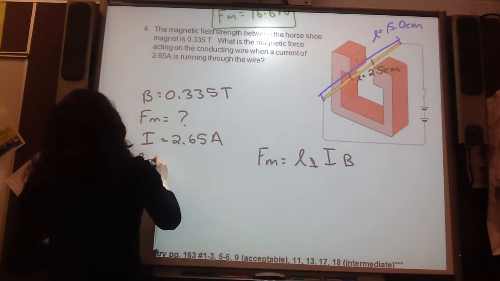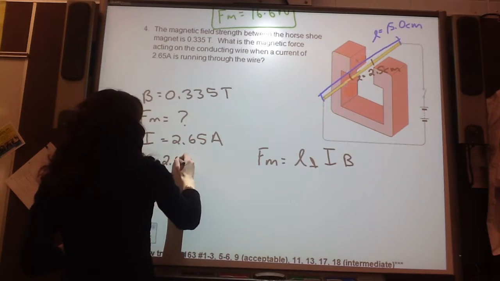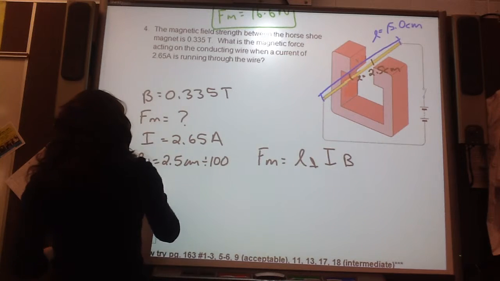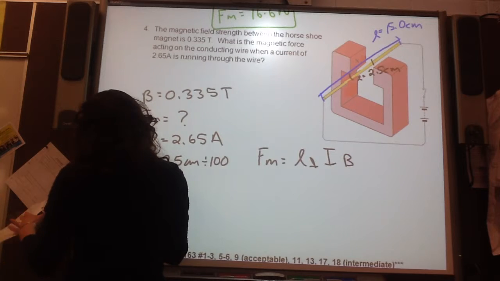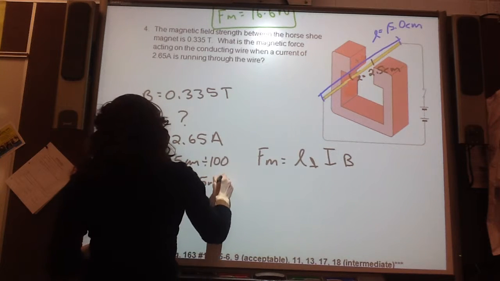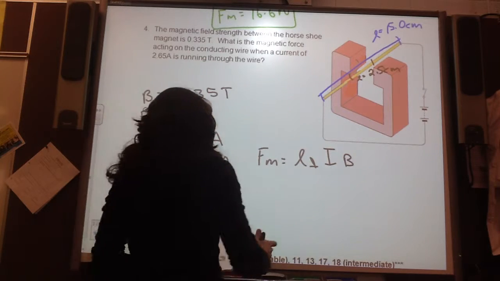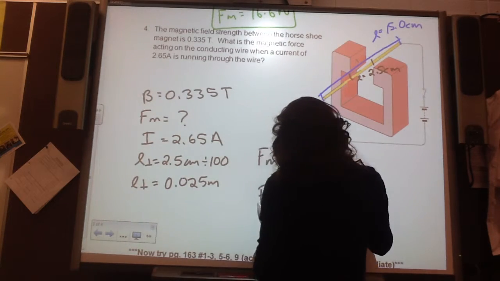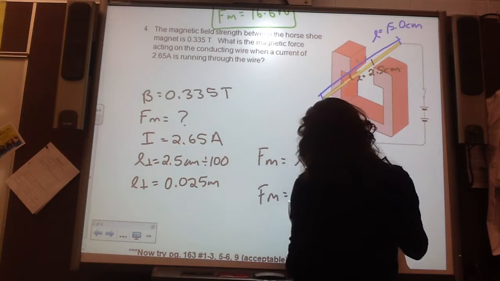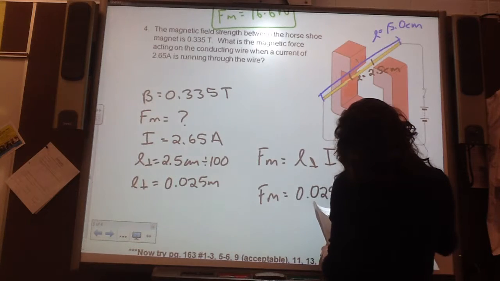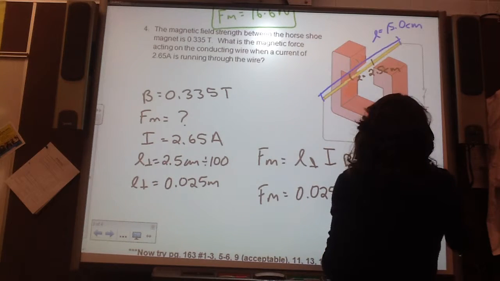So our L we use is 2.5 centimeters. Divide by 100 to get that into meters. So 0.025 meters times 2.65 amps times 0.5 Tesla.